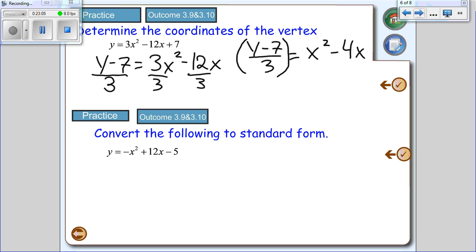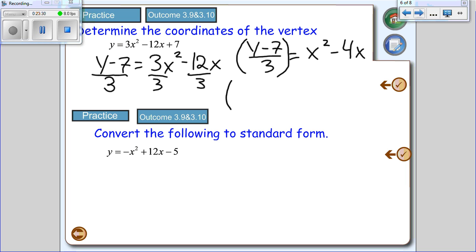So we need to create a C value. How do you get your C value? B divided by 2 squared. 4 divided by 2 is 2 squared. It's 4 again. So add 4 to both sides. This is why I put the left side in brackets. Because I want it to be y minus 7 over 3. Oh, sorry, yeah. Then plus 4 on the outside.